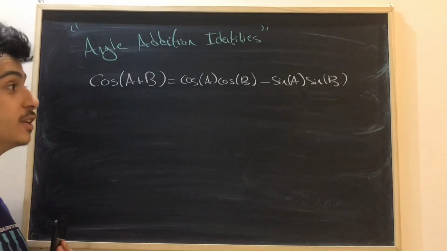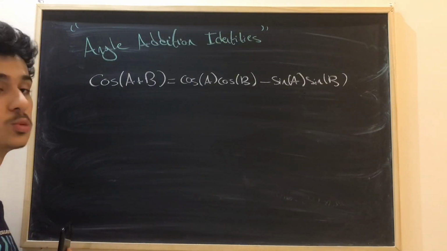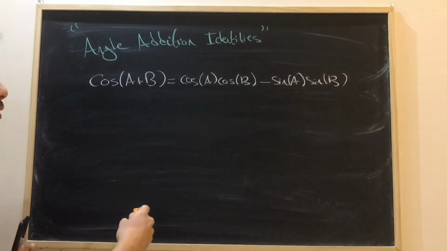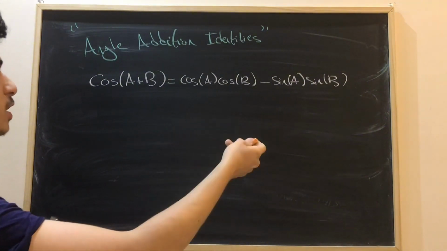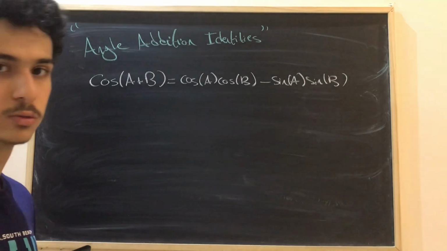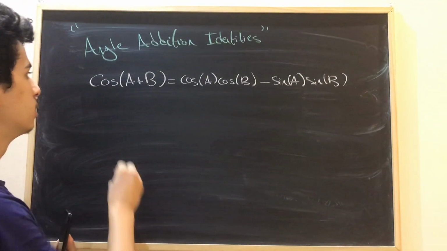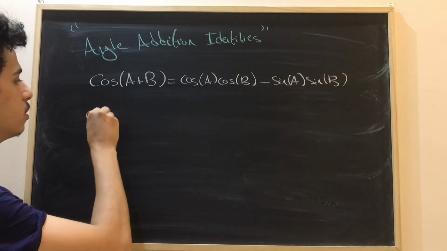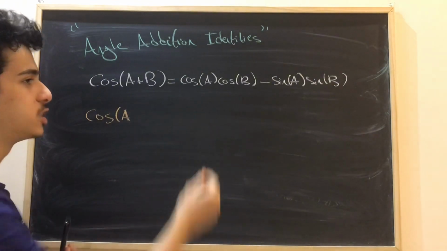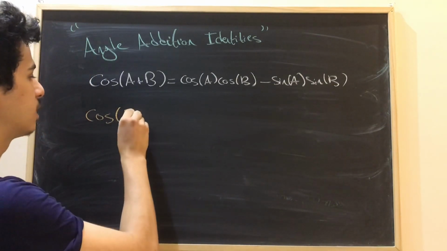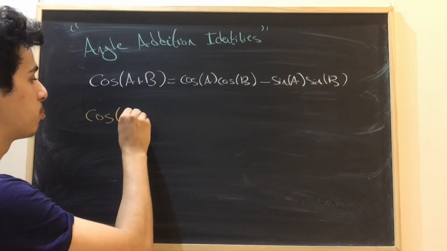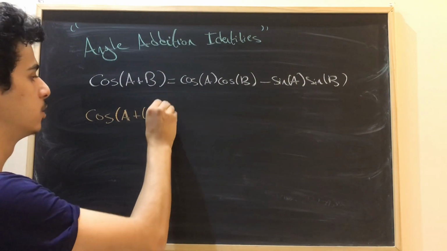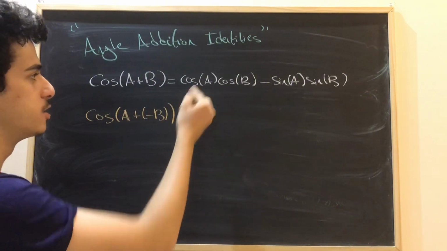Okay, so previously we got this result. This will carry everything else. Now we want to prove the angle subtraction identity, or it's still sort of addition, but we're adding a negative number. So we'll have cosine of (A minus B), but I'll rewrite it as cosine of (A plus negative B), so we can use this up here.